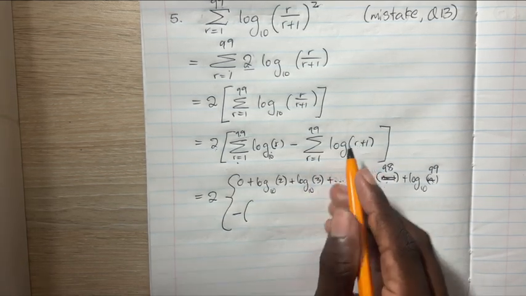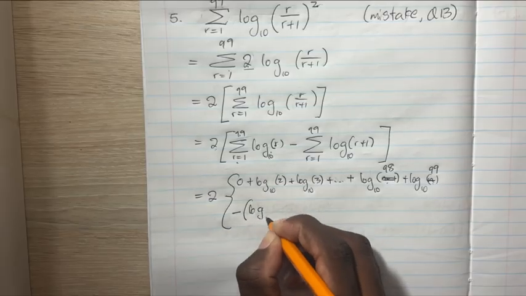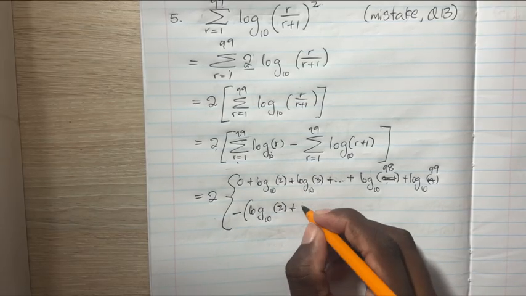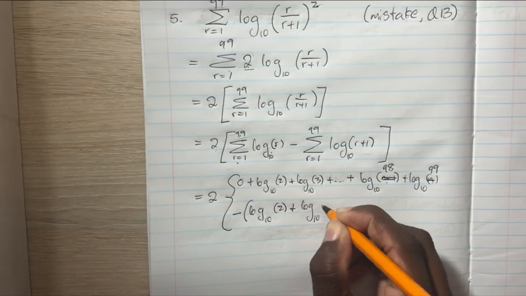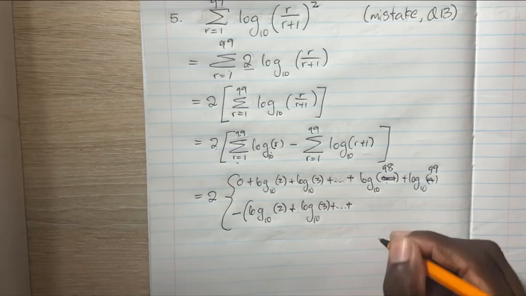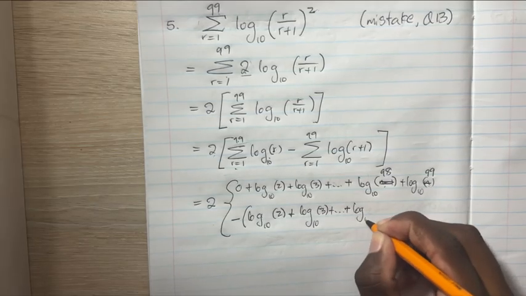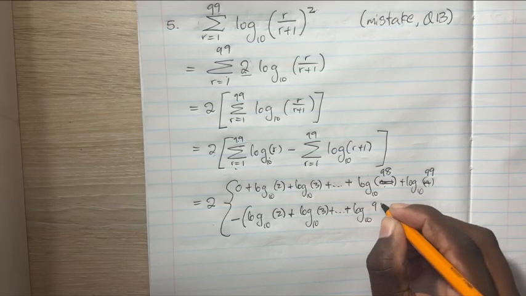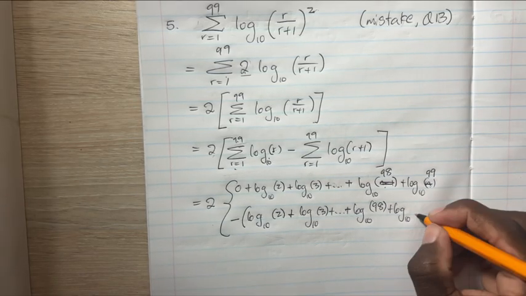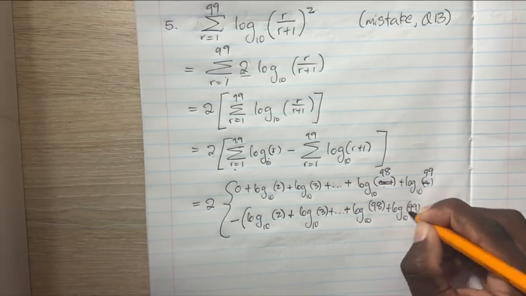Where r is 1, we have log base 10 of 2. Where r is 2, log base 10 of 3, plus dot dot dot, plus log base 10 of 98, plus log base 10 of 99.